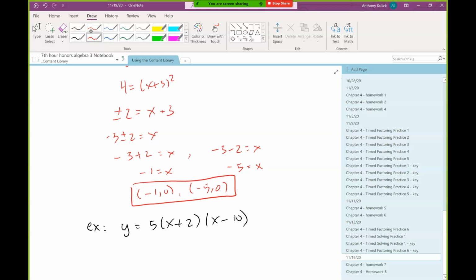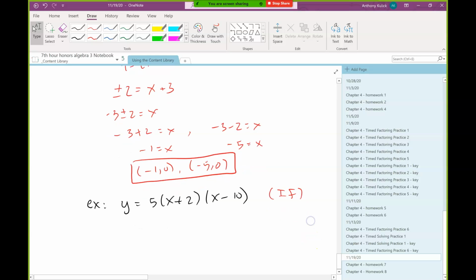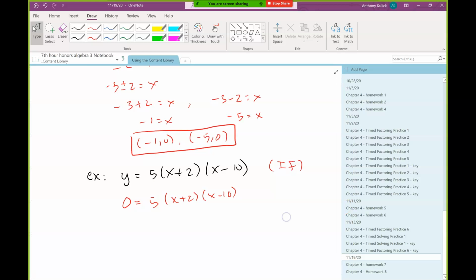One more example. Let's suppose we have an intercept form equation this time. Nothing changes in how I start. Plug 0 in for y. Now if I have an intercept form equation that's equal to 0, I can just apply the zero product property straight away. This is like the easiest possible situation. So 0 equals 5 is a bunch of nonsense.